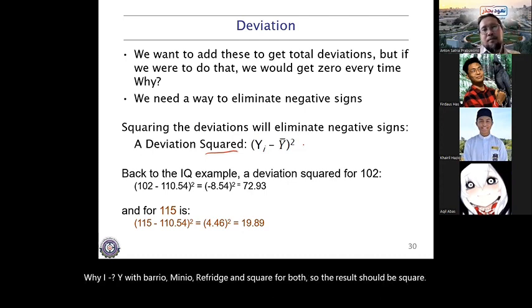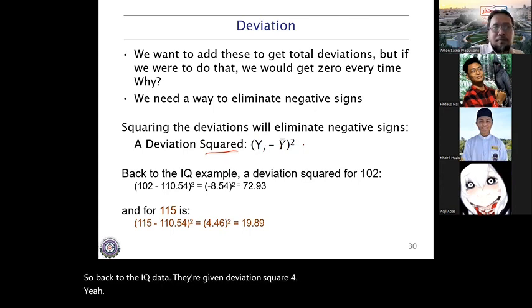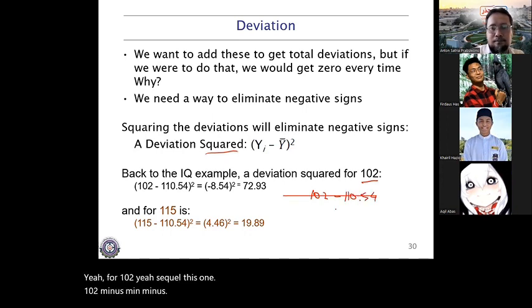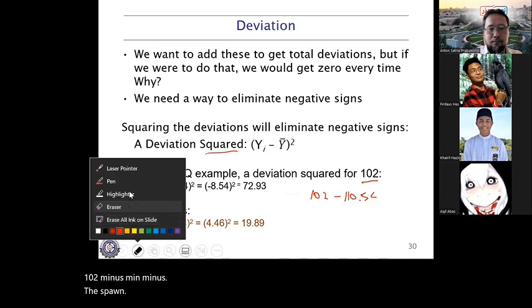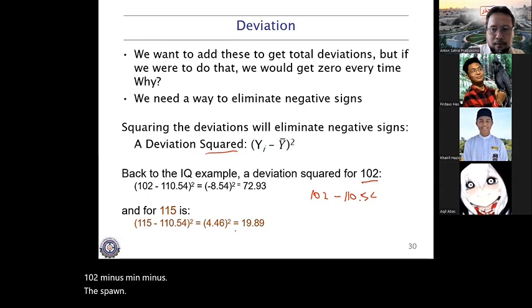So back to the IQ data that was given, the deviation square for 102 is equal to 102 minus the mean, the mean is this one, and square.